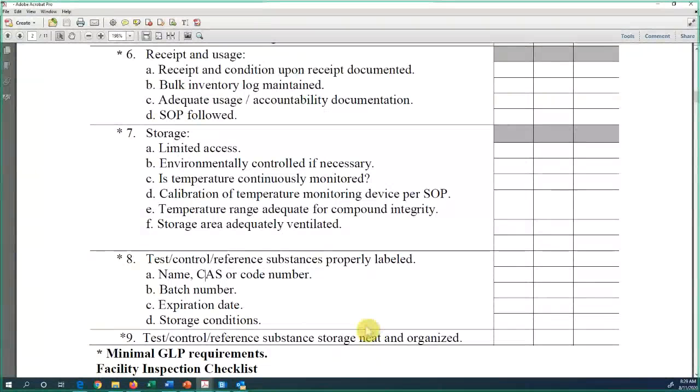Then we put other related references together there. So you do need to put everything there: the name, class number, code number, batch number, expiration date, and the storage condition. For some volatiles, if you don't put it in the freezer, it won't stay. It will be gone.